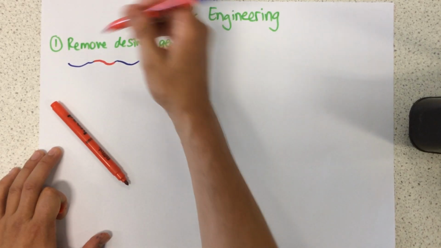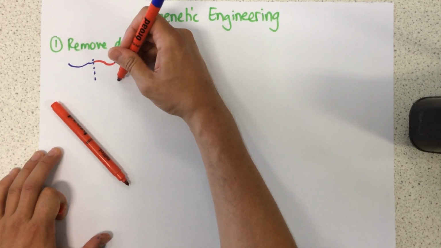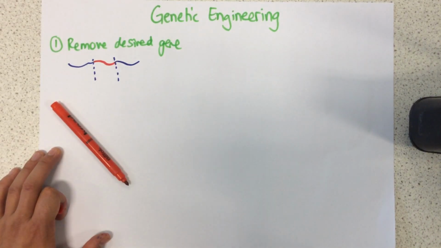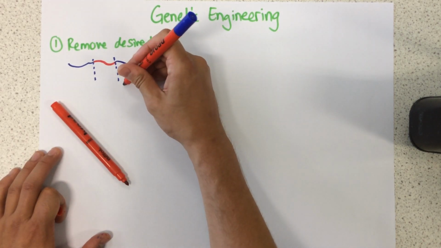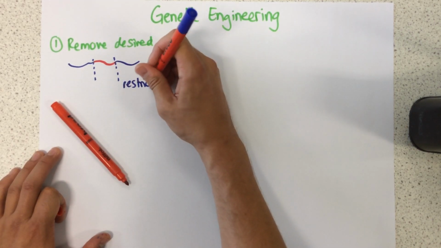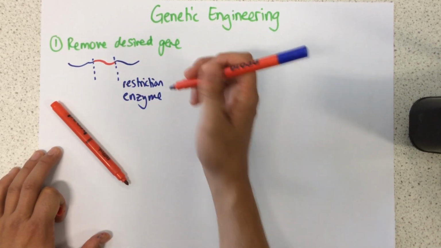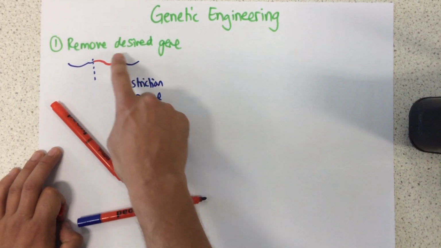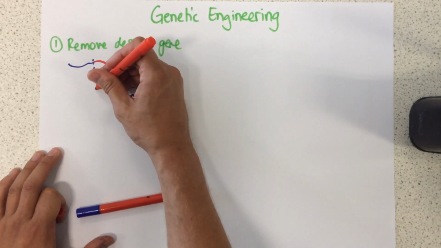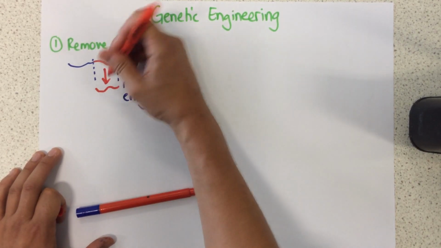So we need to cut that gene out. In order to do that, we use something called a restriction enzyme. This restriction enzyme cuts the DNA at a very particular part in order to remove that insulin gene.